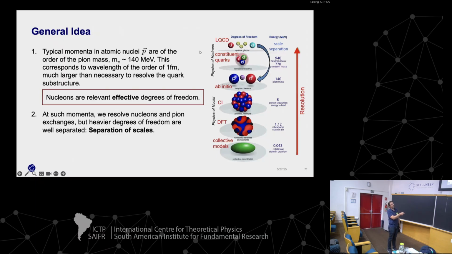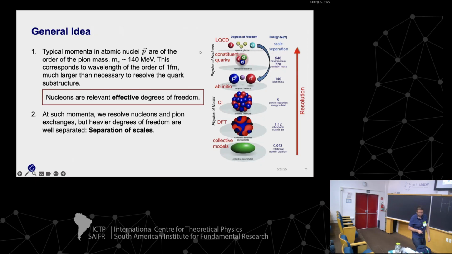But you see, there's a huge gap between this 140 MeV, the typical momenta, and the scales necessary to see these quark substructures. So we resolve nucleons and we resolve the pion exchanges. But we have this separation of scales, right? This allows us to ignore all of these things up there.